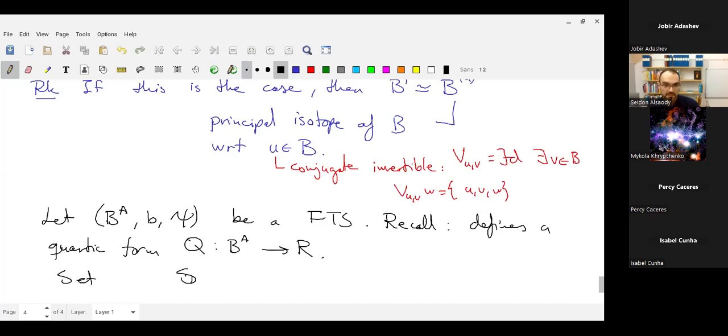And so I set the sphere of this quartic form, abusing notation, to be just the set of all x in BA such that the quartic form value of x is equal to 1.